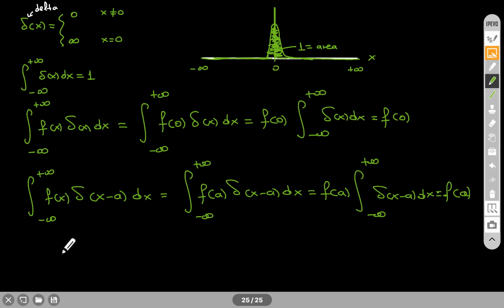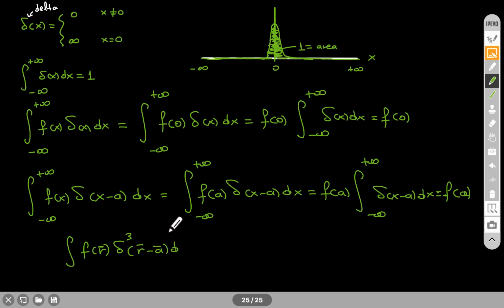And there is a way that we can generalize this from one dimension to three dimensions. Say you have a function f that depends on the position. Then the notation we use here is r minus a.